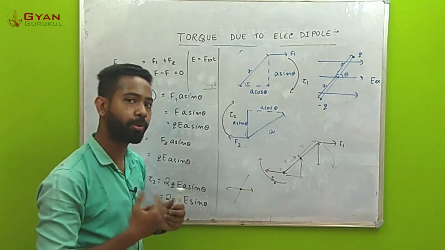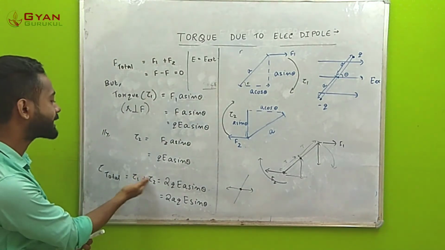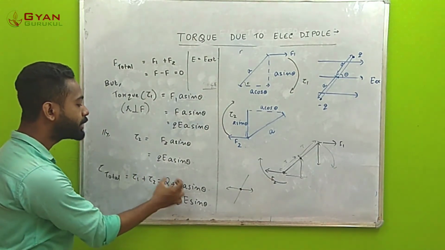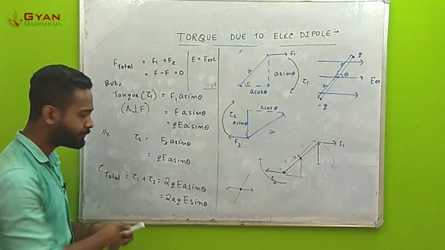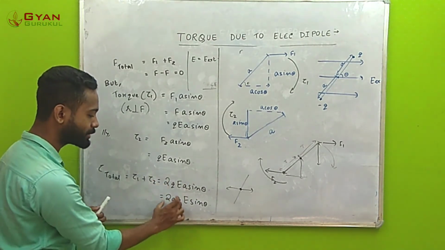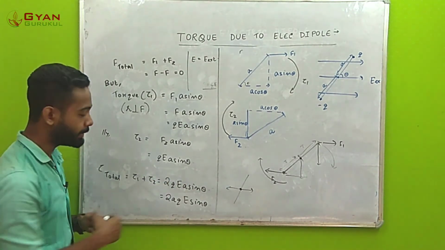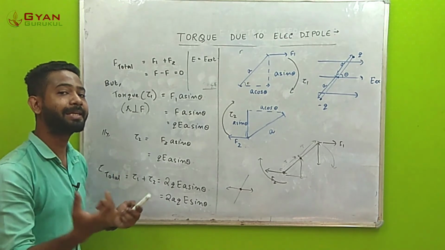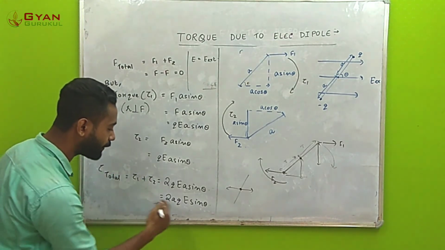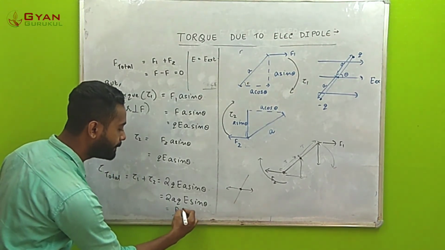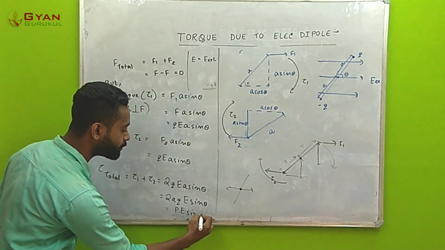So the total torque would be given by tau 1 plus tau 2, and you will get it as 2QE A sin theta. So if I rewrite the formula, it will look like 2AQ into E sin theta. This 2AQ can be written as P. So the expression would further look like PE sin theta.